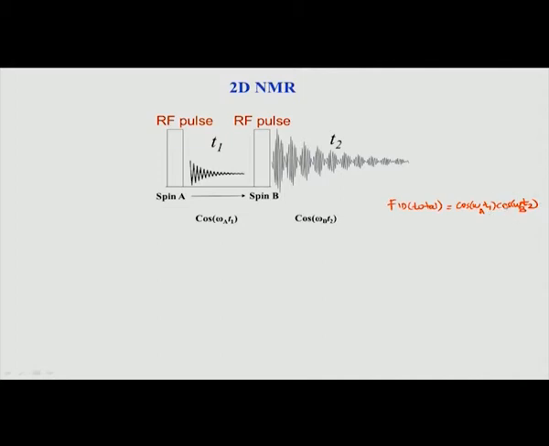We use the word modulation, which means modifying or changing. The second FID, the FID detected during T2, is being modulated by the FID during T1. So this is where the interconnection comes in. These two have become interconnected to each other.